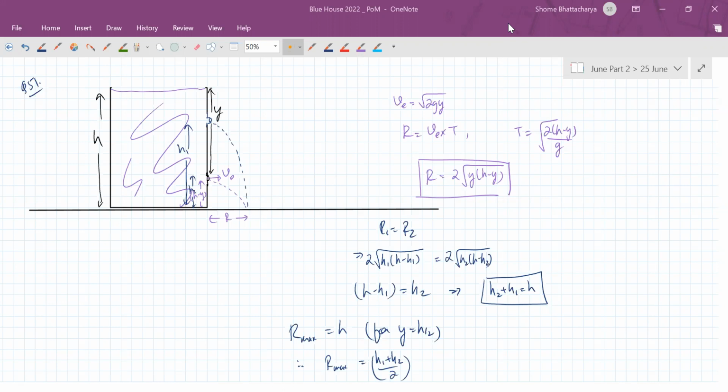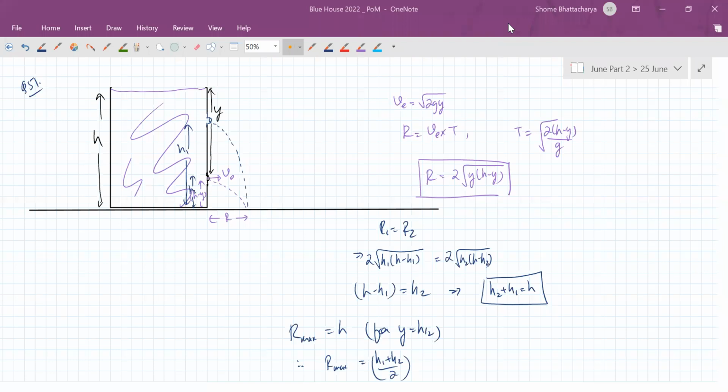Y into h minus y. Yes, Jagannath. Sir is asking what you have written for R is equal to 2 into root. How is R coming as that?